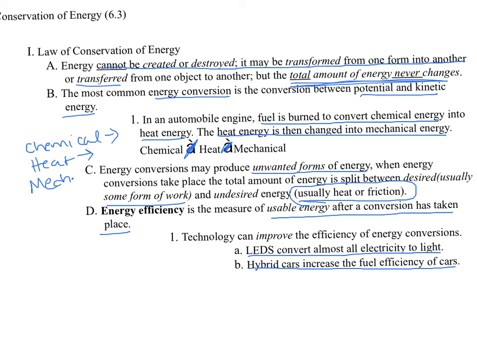So we can improve energy efficiency, but no machine, and we'll get to this when we talk about simple machines, but no machine, so a car or whatever, is ever 100% efficient. You will always lose at least a small amount of energy to some unusable form.